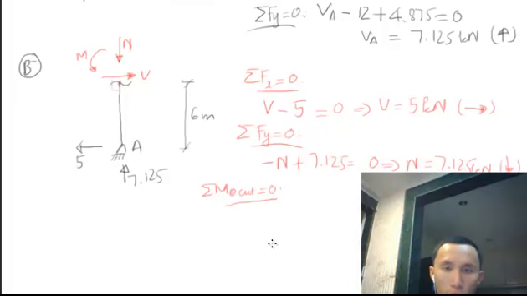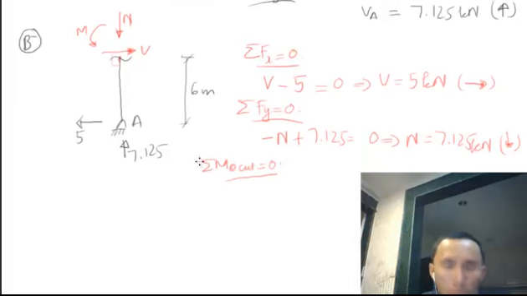Okay, now cut here, right? This cancels, so that one around the cut, the point here, 5 kilonewton goes clockwise, right?